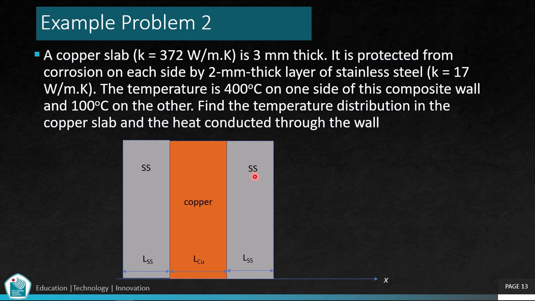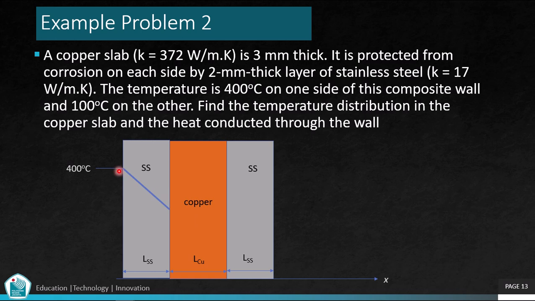Okay, and next we know that the temperature is 400 degrees C. So assume, for example, this is the left hand side, so this temperature is 400 degrees C. And since the copper is colder than the stainless steel on the left, the temperature may decrease.